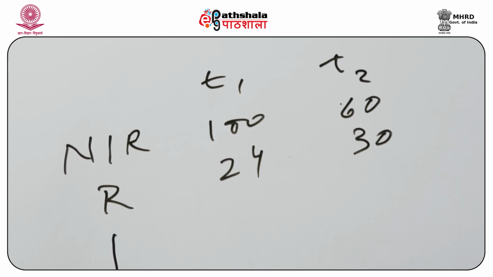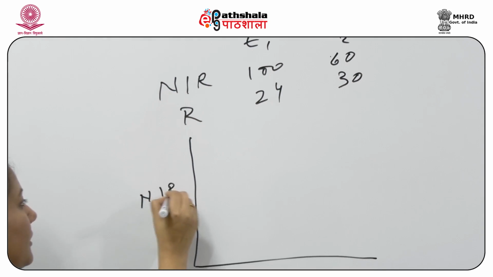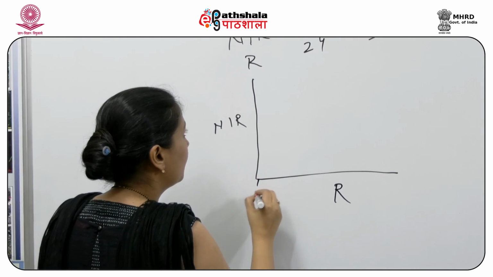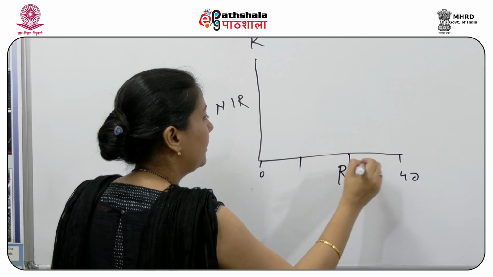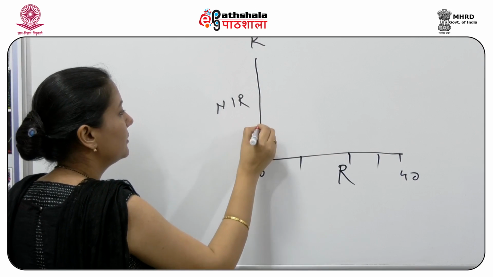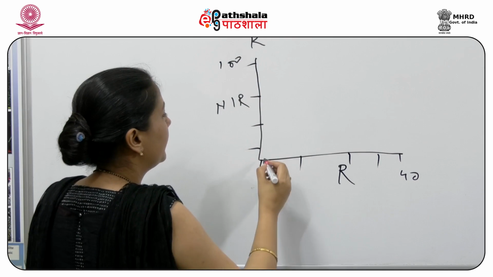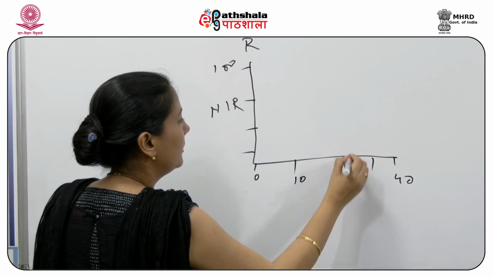Now in feature space, if we want to plot these, we have NIR here and R here, we have 2 points. So R is representing from 0 to 40, suppose 10, 20, 30, and this is suppose 100 here. So you have 100 is here and 24 would be around somewhere here.